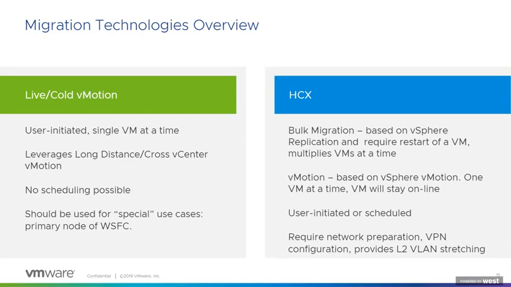And we recommend using such an approach for your very specific workload, for a tier 1 application, or for special use cases like a primary node or Windows Server failover cluster.